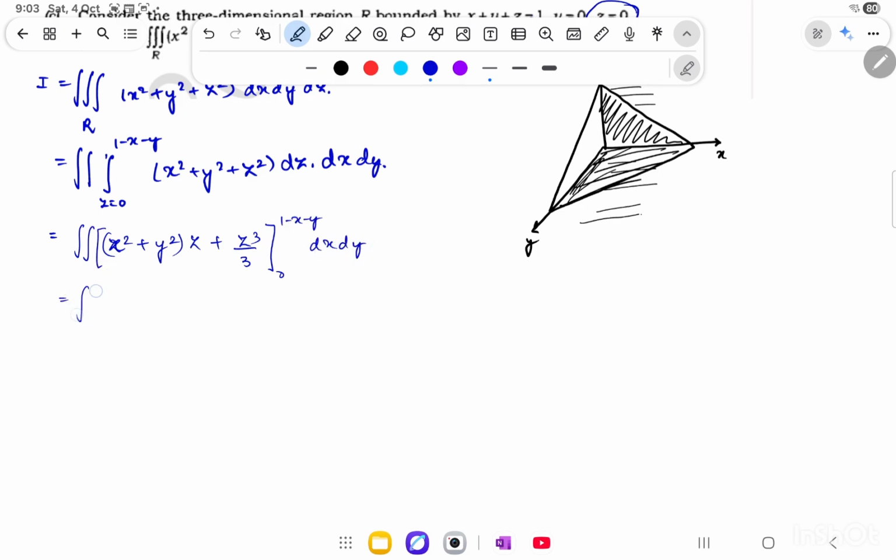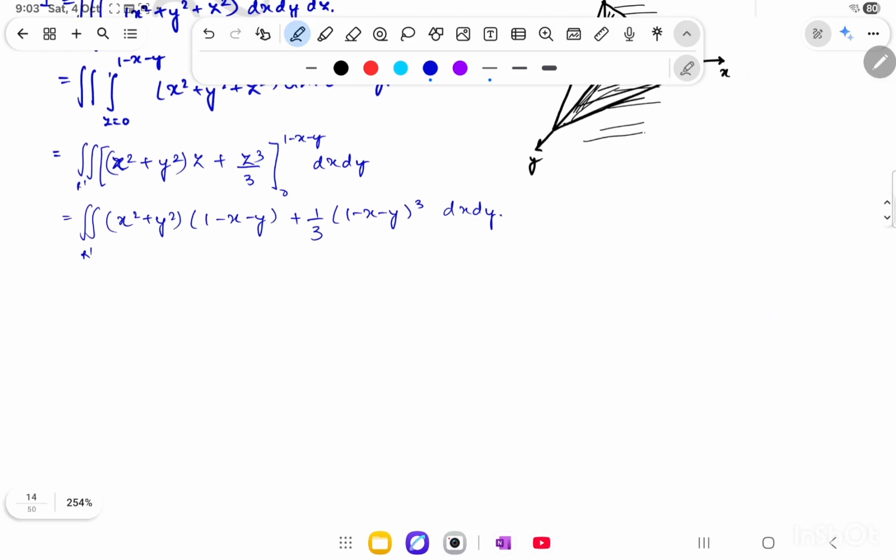Now it is equal to x squared plus y squared times 1 minus x minus y, plus 1 by 3 times 1 minus x minus y whole cubed, dx dy. If we simplify, it will be the integration over R dash.